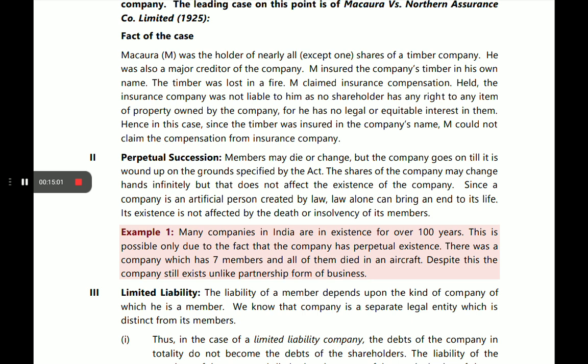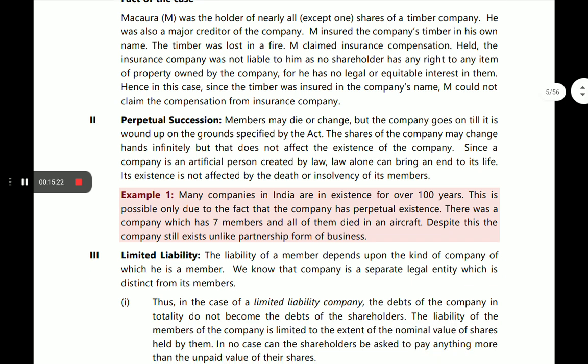Law alone can bring an end to its life. Its existence is not affected by the death or insolvency of its members.